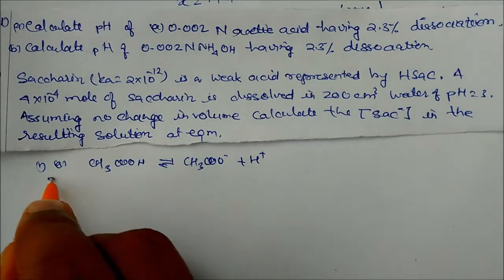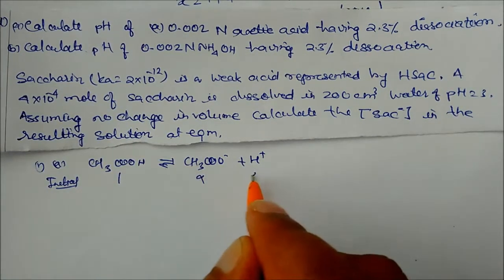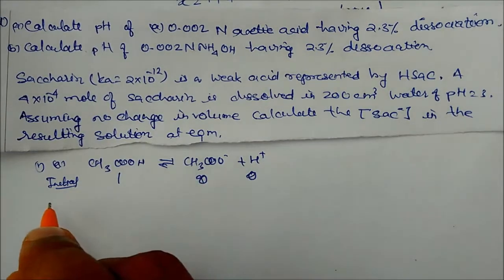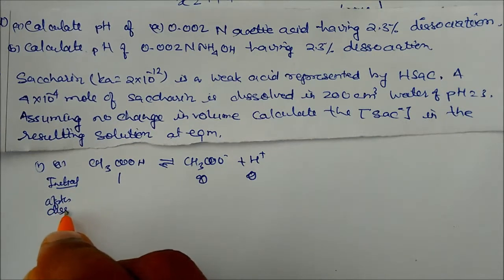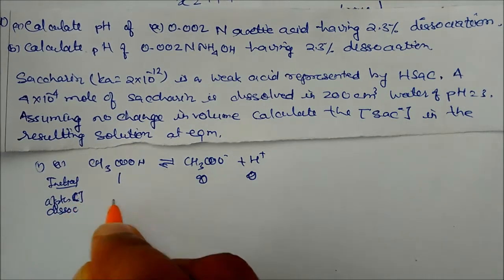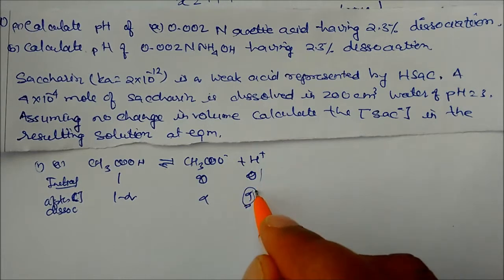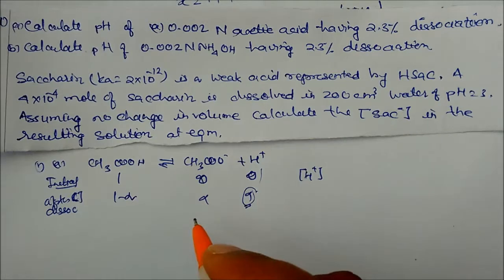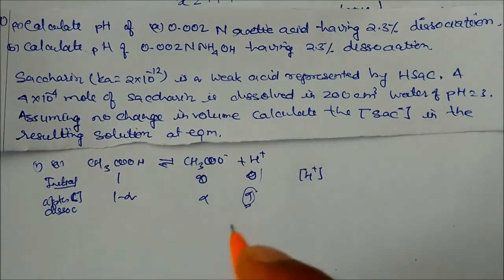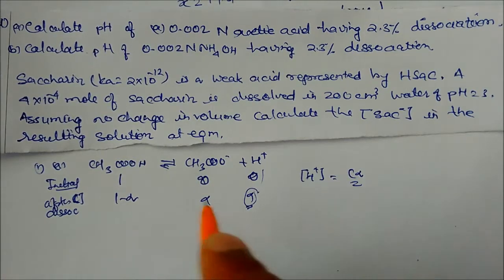So the initial concentration will be 1 for the acid and 0 for the ions. After dissociation, the concentration will be 1 minus alpha for the acid, and alpha for each ion. The concentration of H plus is alpha.